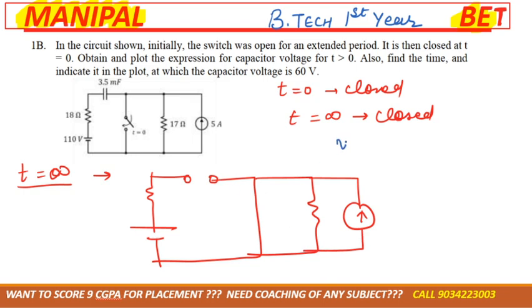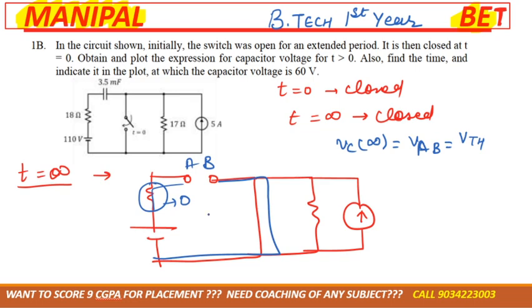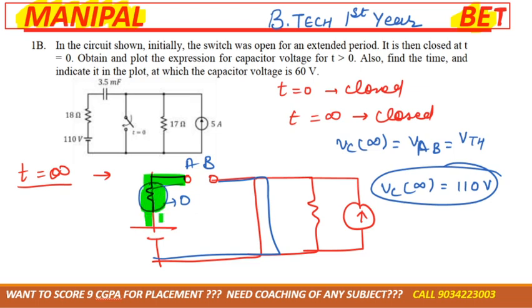So now in this particular case we need to calculate VC of infinity. Again the same procedure, VC of infinity equal to VAB and that is equal to, okay? यहाँ से यहाँ गए, इसमें करंट नहीं जा रहा, 0, then back to this path, right? So V of infinity can directly write it down as 110 because you are moving here, इसमें करंट नहीं जा रहा, 110, then plain path से आ गए, right?